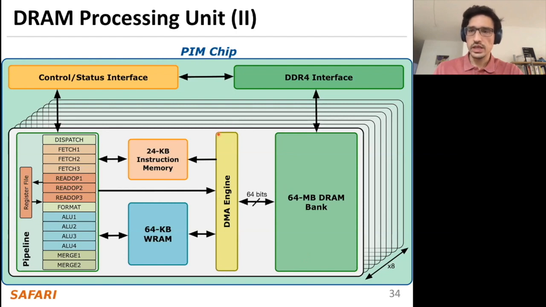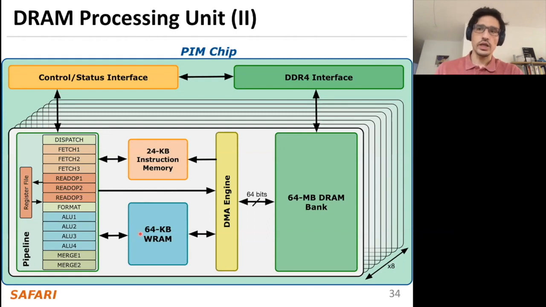With this DMA engine, we can send requests to move either instructions from the DRAM bank to the instruction memory, this orange block, or data to the working RAM, which is, as I said, an SRAM memory of size 64 kilobytes. And here is where we are going to have operands and where we are going to store results.